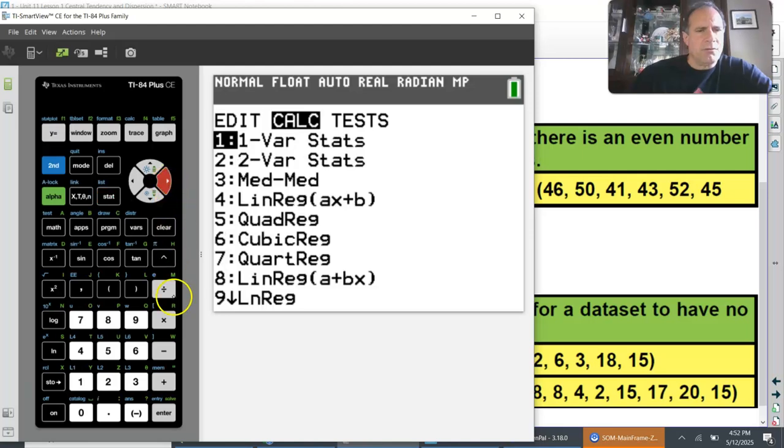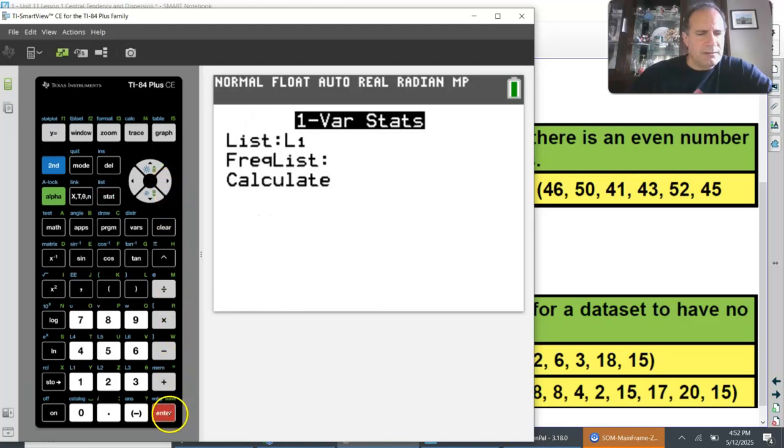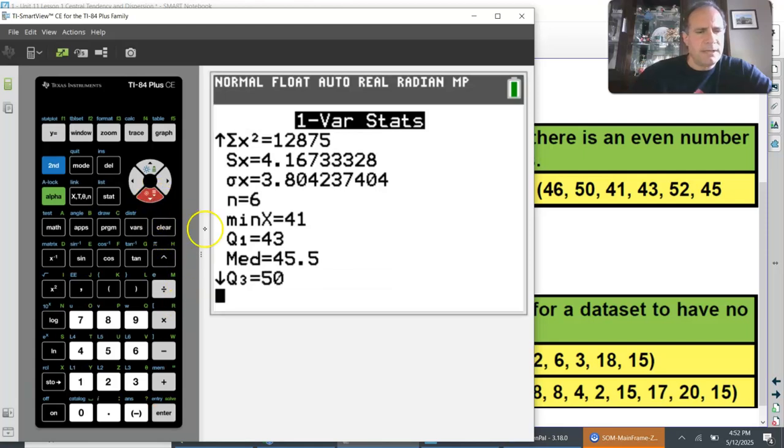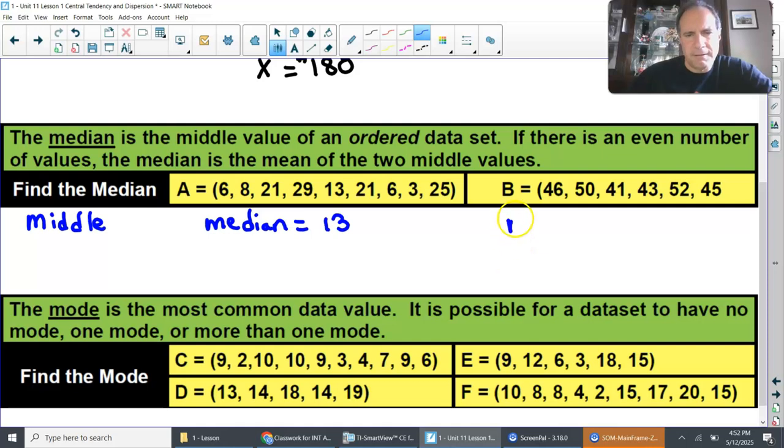Press Stat, go over to 1-Var Stats, Enter 3 times, and we're going to go down a little bit, and there's the median, 45.5. Let the calculator do everything for you.